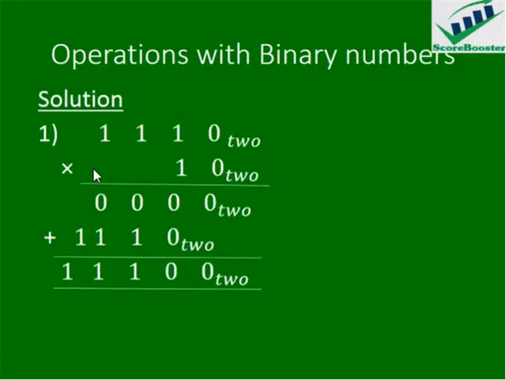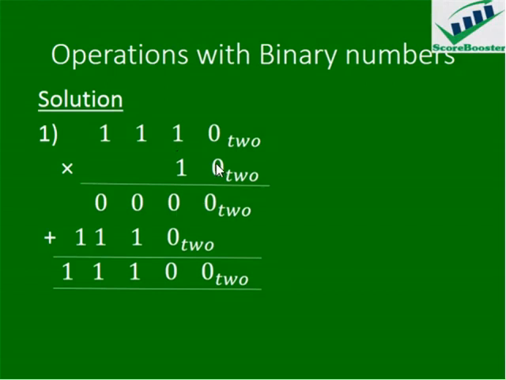So the first thing we do is to multiply 1110 base 2 by 10 base 2. We take this digit and use it to multiply the whole of this, then we take this one and use it to multiply the whole of this. So the first one, 0 multiplied by 0 will give 0, 0 multiplied by 1, 0.